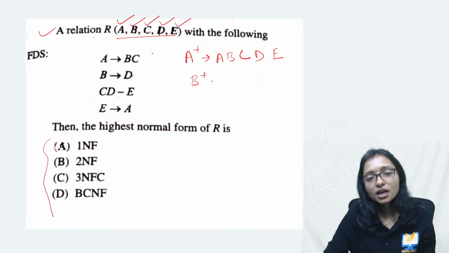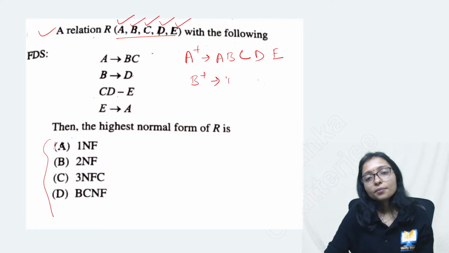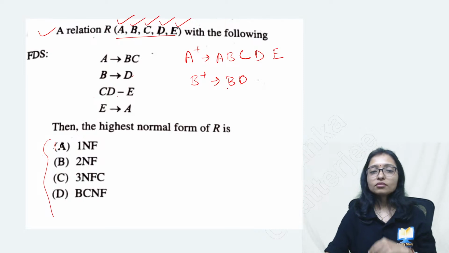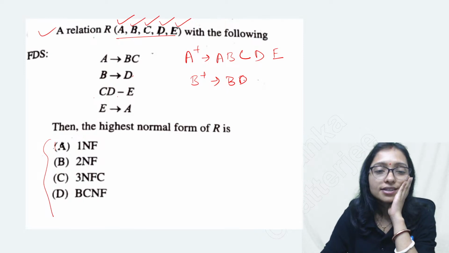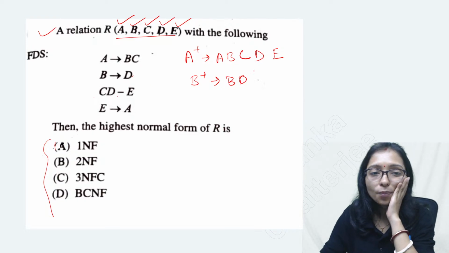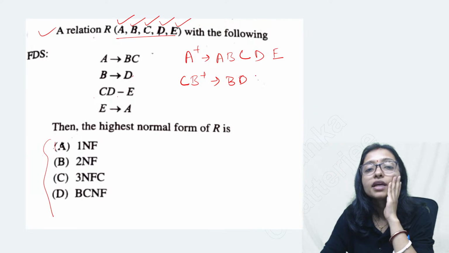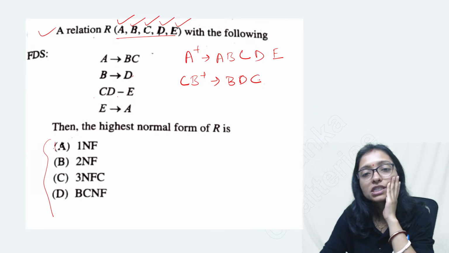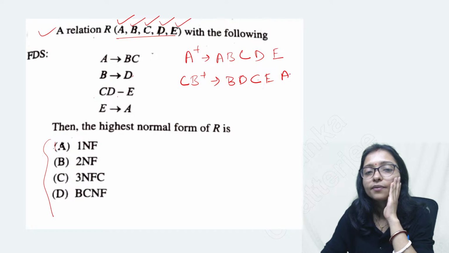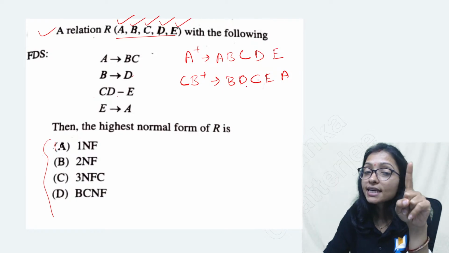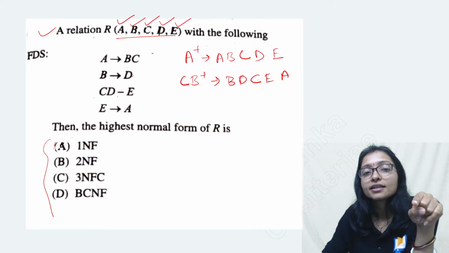Now if I am doing B closure, B to D. Is there anything coming? No. Nothing is coming. B to D, it stops. If I am adding C here, then I am getting CD to E, E to A. So BC is also my candidate key.